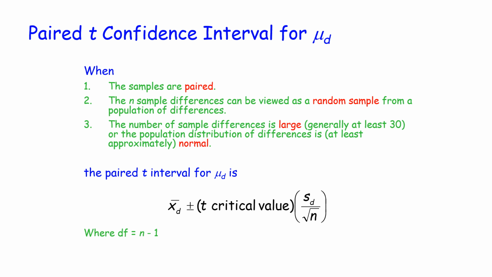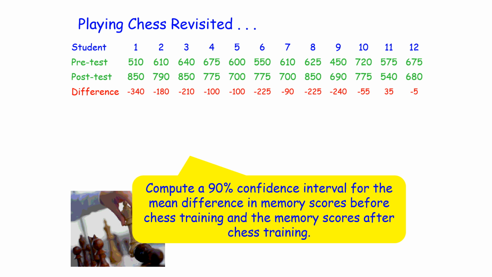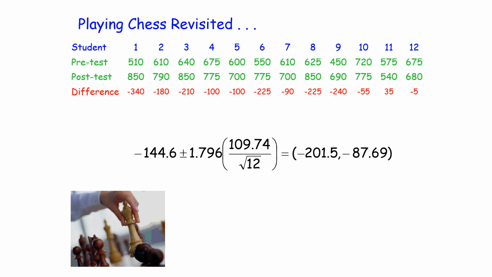Let's go back to our test problem. We're going to compute a 90% confidence interval for the mean difference in memory scores before chess training and the memory scores after chess training. So we'll go ahead and plug our values into our formula, giving us an interval from negative 201.5 to negative 87.69.